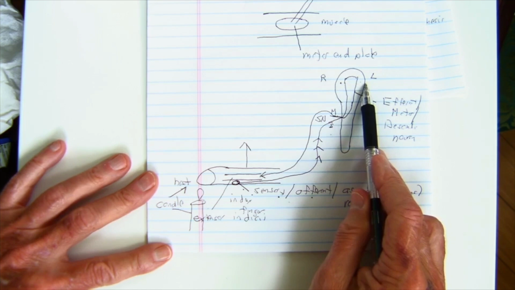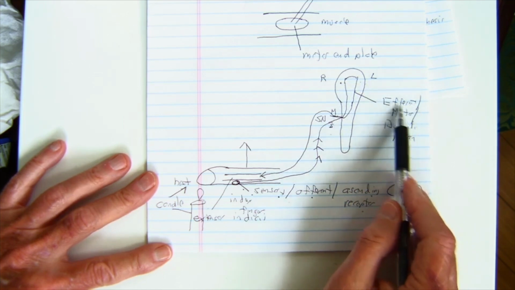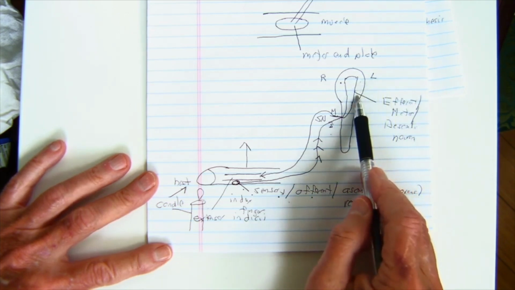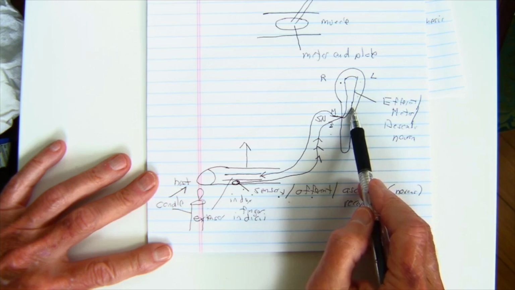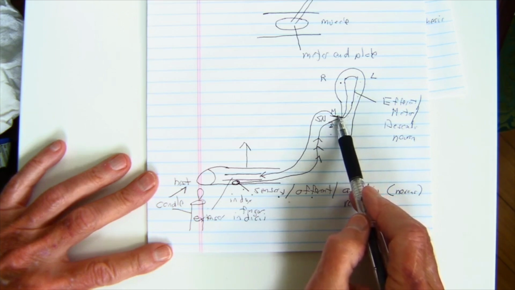It's going to have an interneuron that's going to send that information over to the left side of the brain. The left side of the brain is going to then send an efferent or a motor or a descending neuron down the brainstem, down to the spinal cord. It's going to exit out that same spinal nerve except out of the motor root.